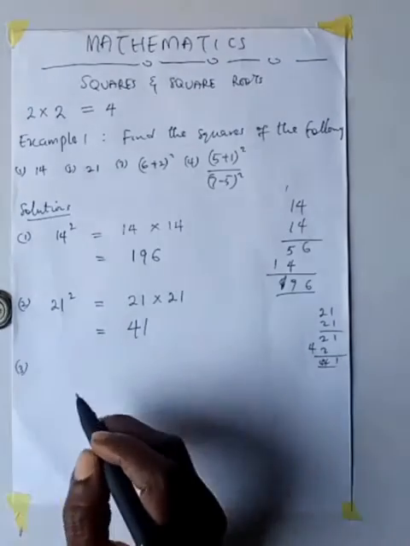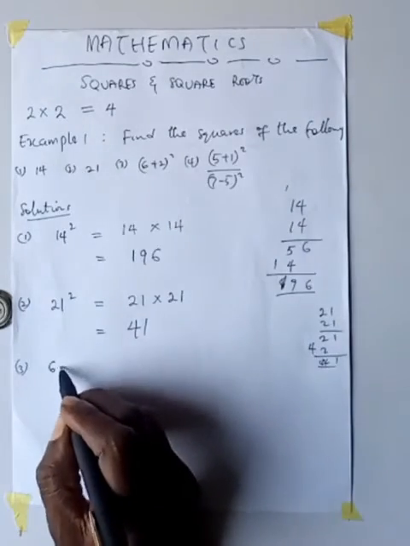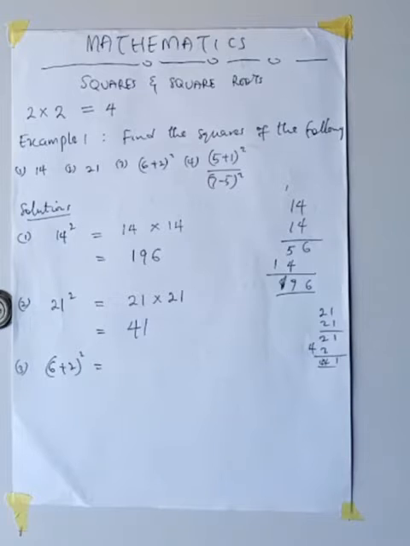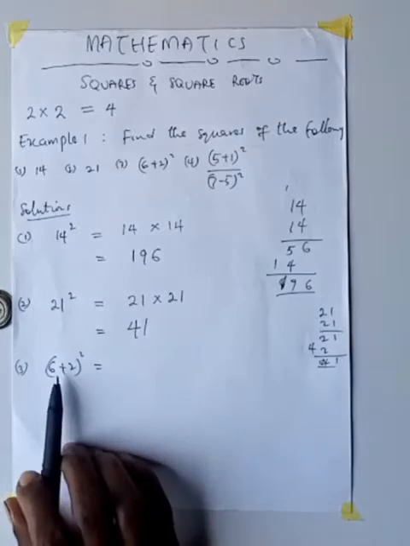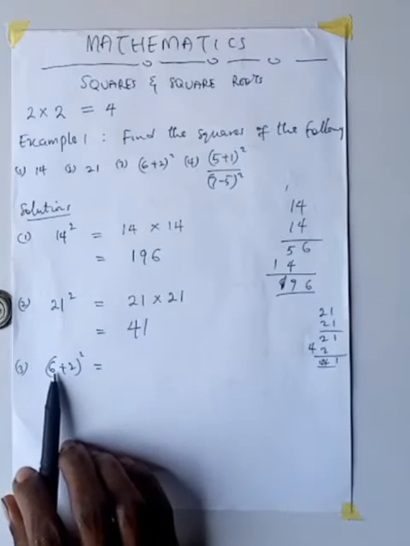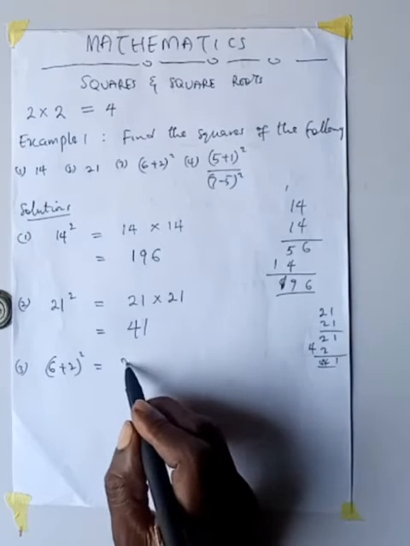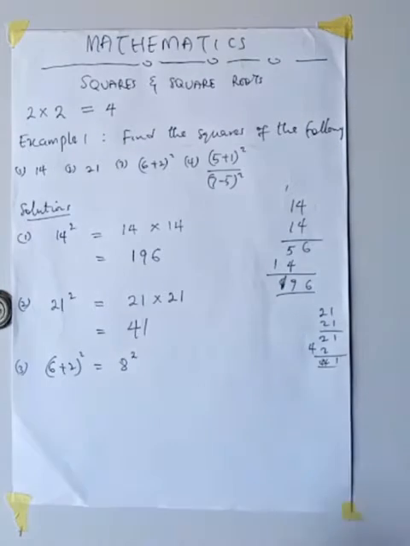In number 3, what I have is (6 + 2) squared. The rule of ordinals will have to be applied a little bit in this case. That is, what we have inside the bracket has to be taken care of. Since I have 6 plus 2, and we know the value of 6 plus 2 is 8, that will be changed to 8 initially.